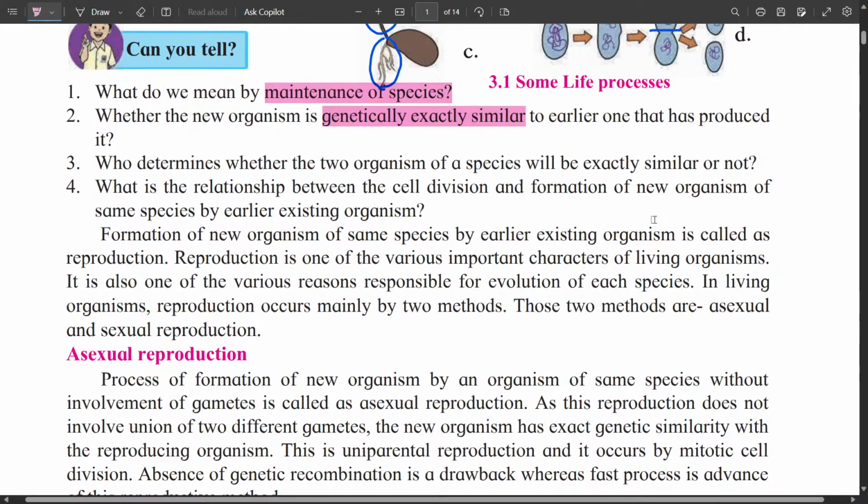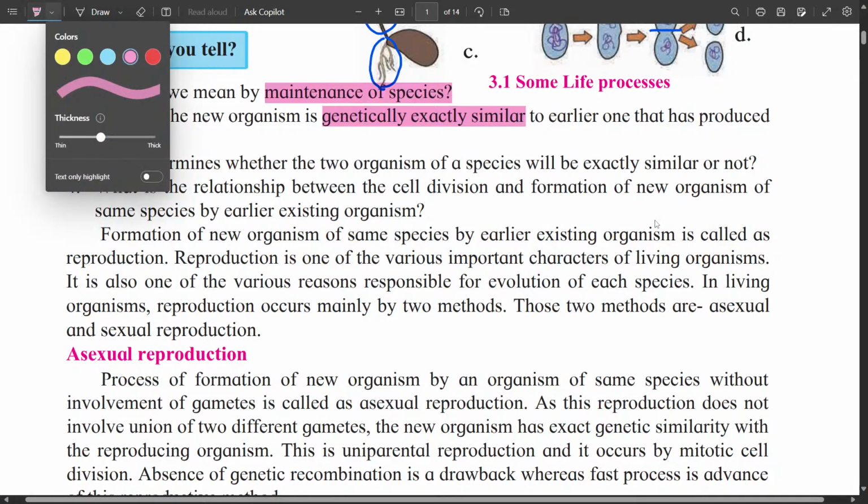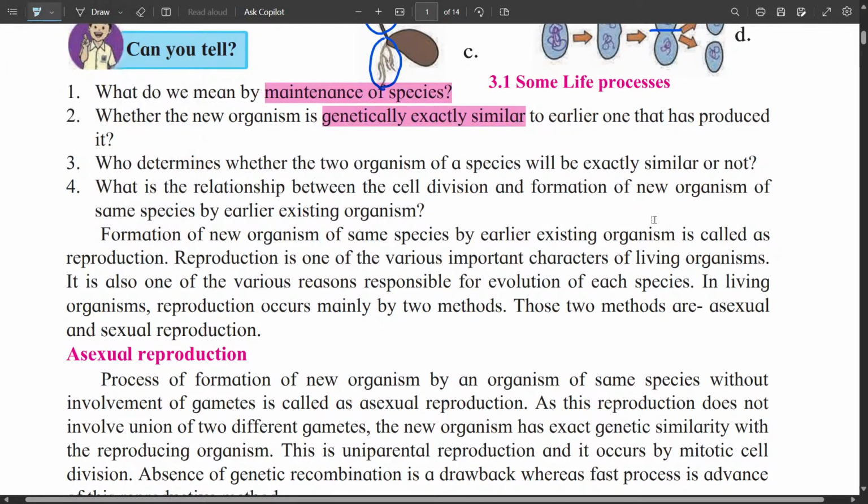But in case of sexual reproduction, it is not so. And the reason behind that we have seen in the last chapter, that in the process of meiosis, recombination and crossing over between the chromosomes occur.